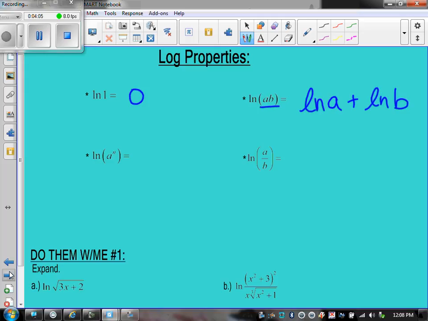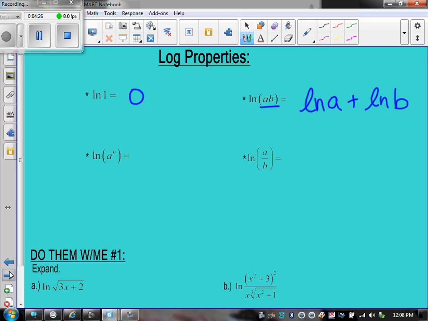We can expand them into little pieces, and then find the derivative of each little piece. It's a little bit easier when you're doing derivatives sometimes to expand it into little pieces instead of trying to do the whole big thing. So anytime I'm multiplying, I can expand it into an addition problem. I don't know if you remember this from algebra.